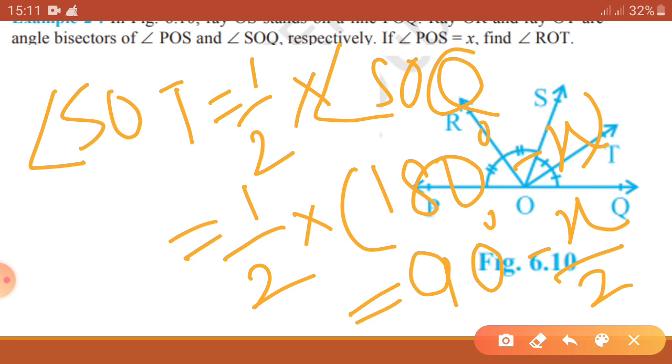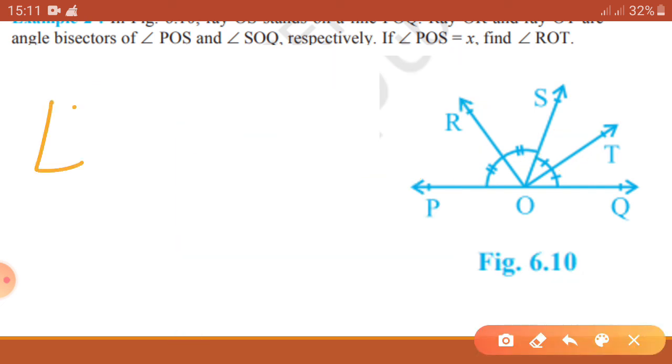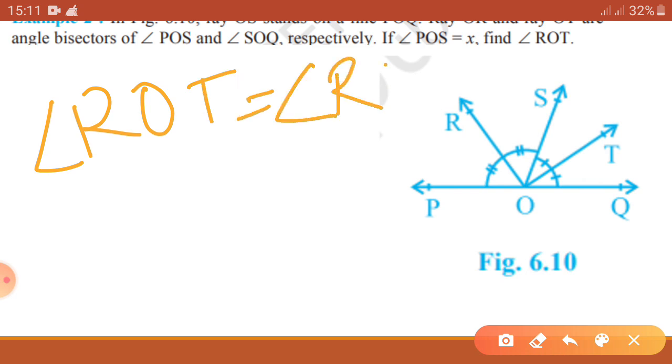Okay, got it? So now we can write that angle ROT is equal to angle ROS plus angle SOT.